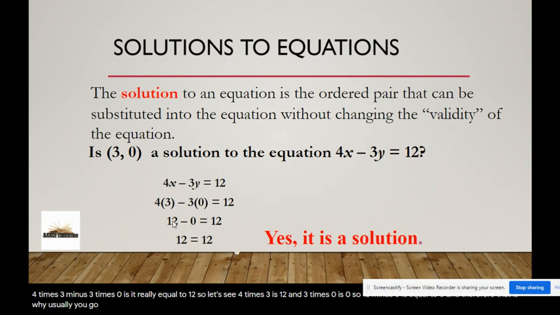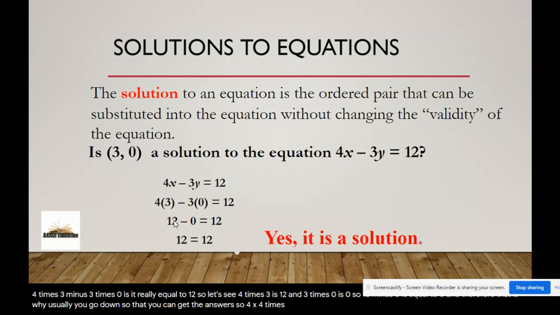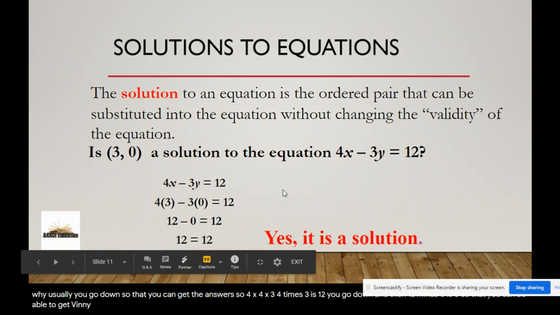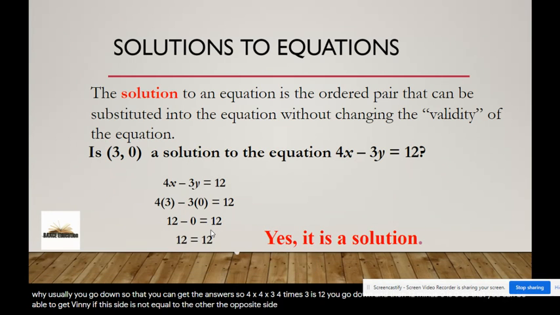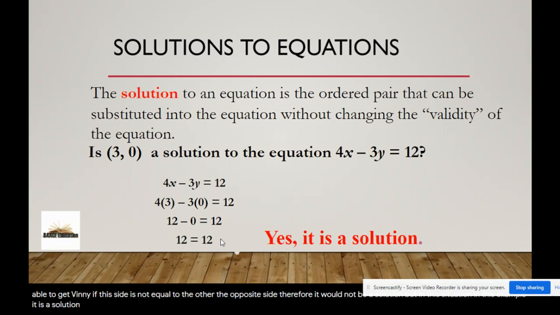Usually you go down so that you can get the answer easily. Therefore, this is a solution. If this side is not equal to the opposite side, it will not be a solution. But in this example, it is a solution.